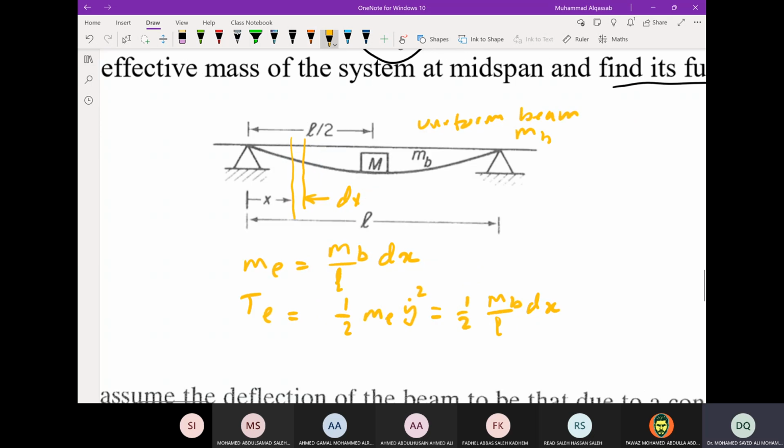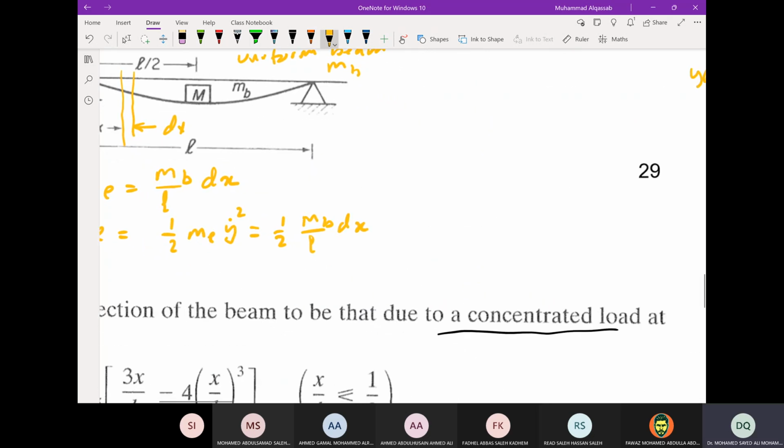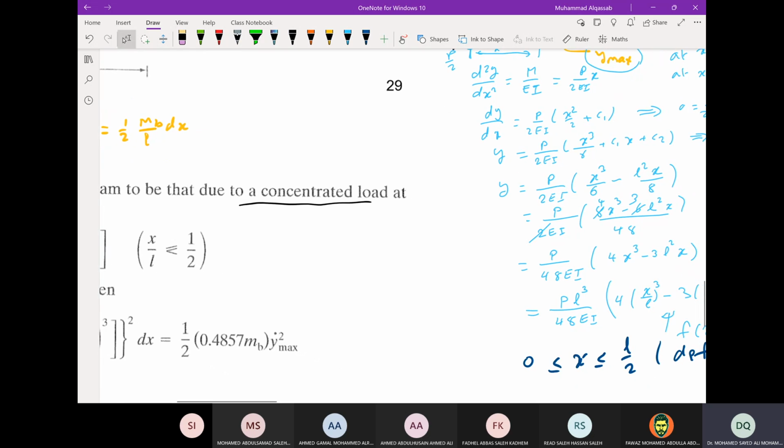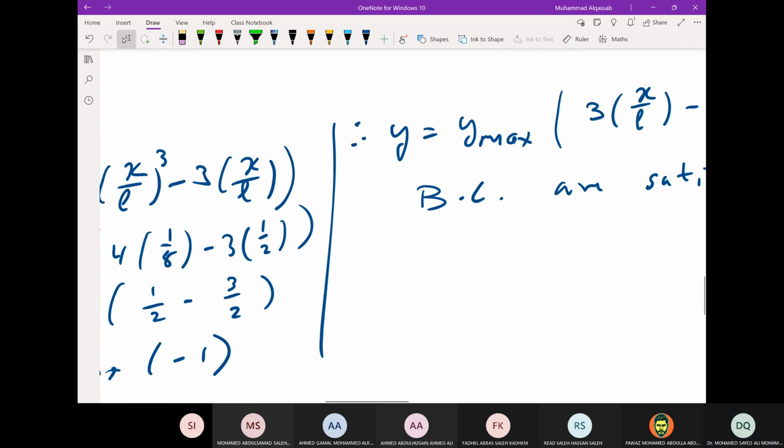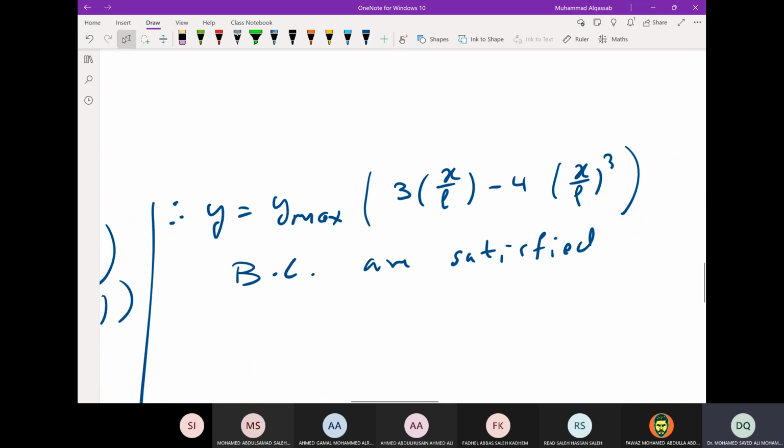And the velocity, or y dot squared, we have y dot. That is equal to y maximum times 3x over L minus 4x over L cubed. This is f of x only. There is no time here. Y maximum is function of time. So the only term that will be differentiated is y maximum.